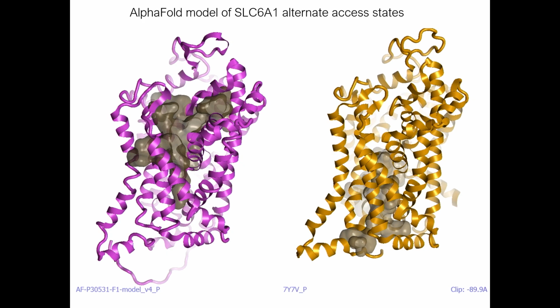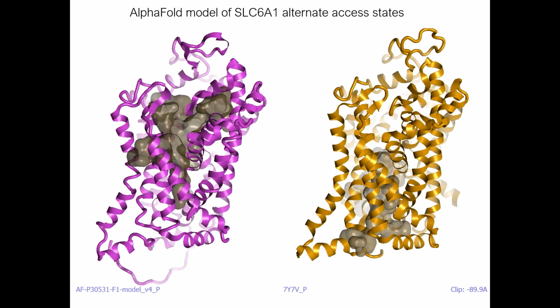And Google has generously made these protein structure algorithms open source. And so we've been using them to try to understand something about the structure of the GABA transporter in two conformations that we know must exist.